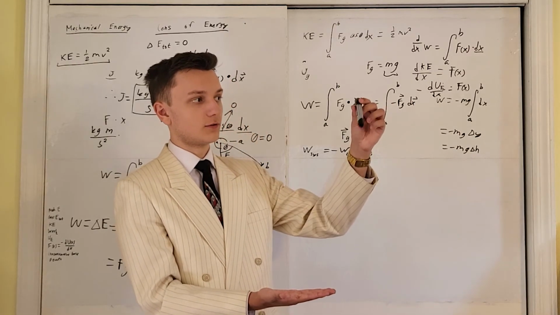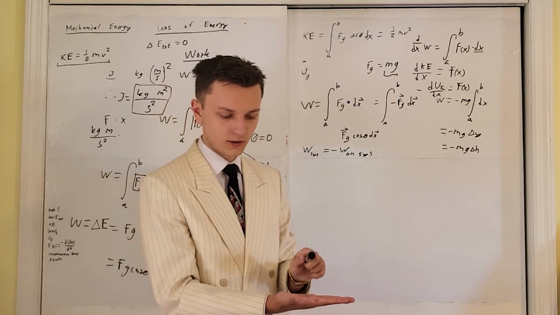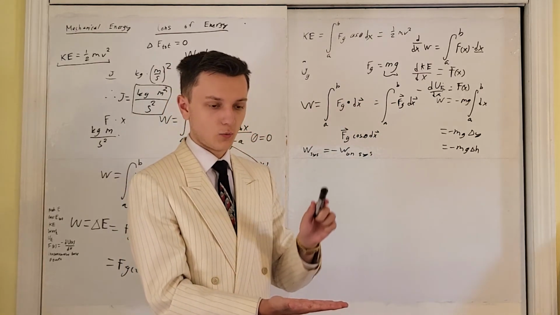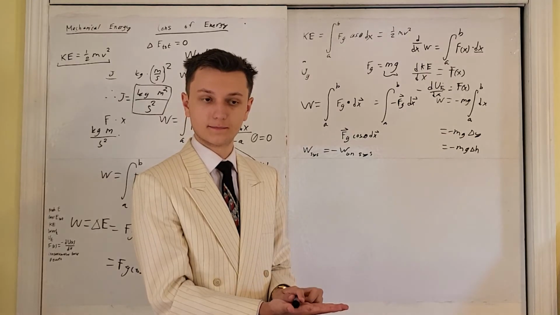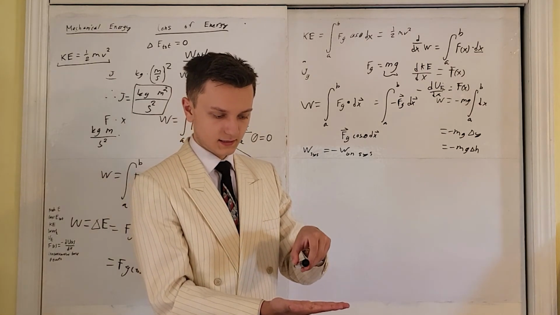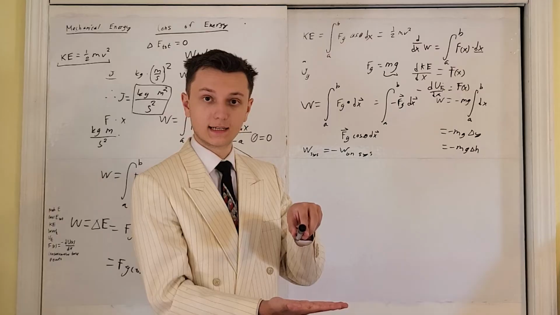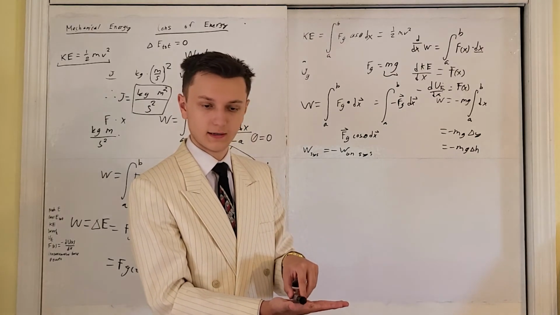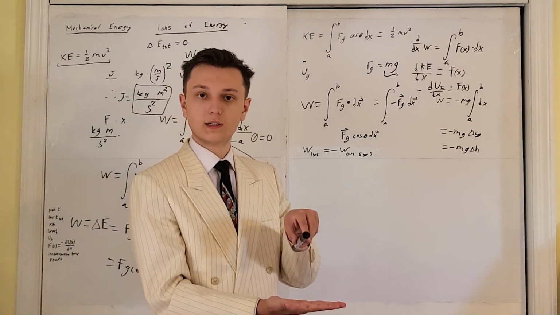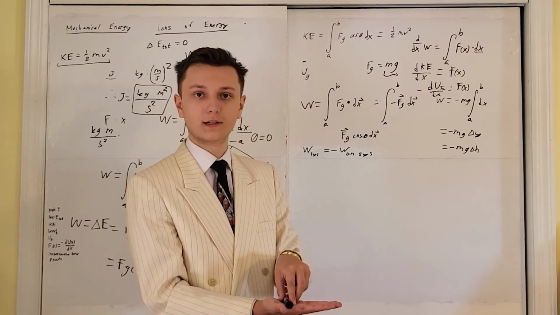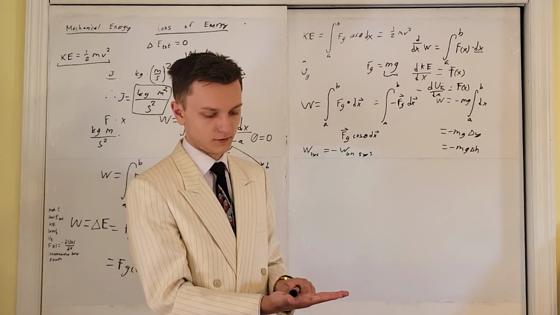Okay? So, for example, this marker at the bottom of its descent will act against the force of the spring. Okay? And since the marker is acting against the conservative force of the spring, the energy of the marker is being converted to potential energy, specifically the potential energy of the spring.